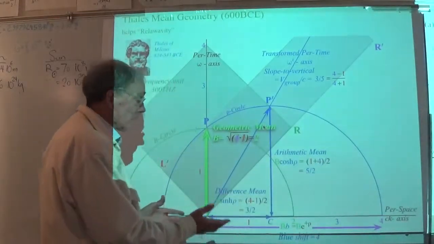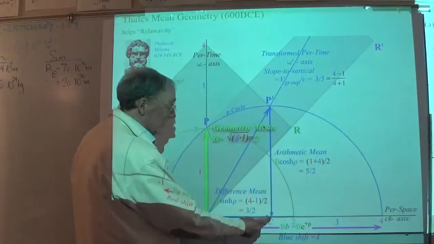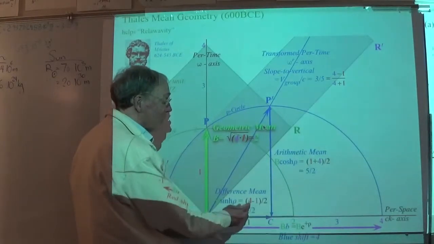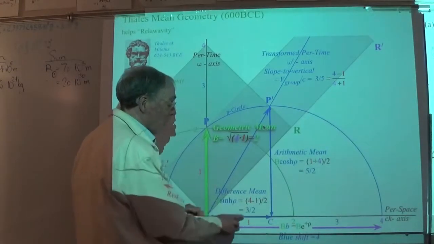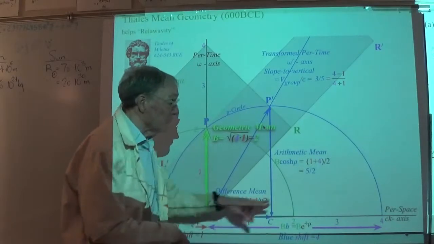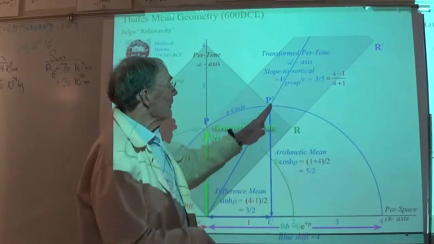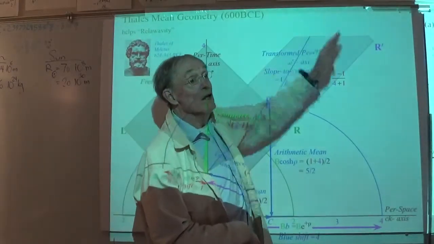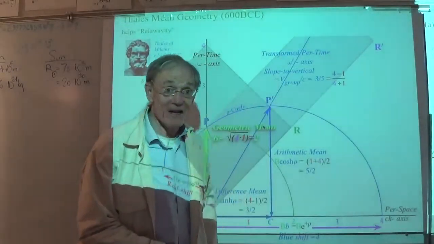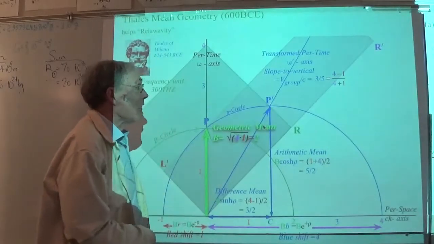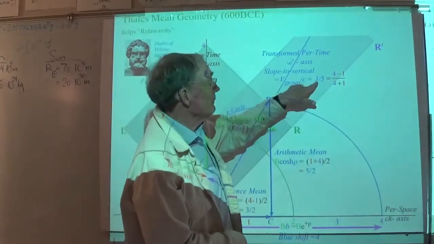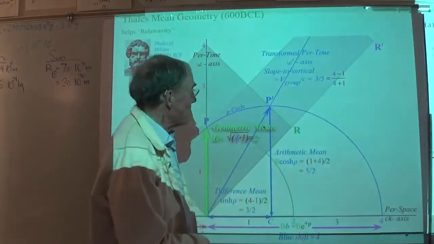And then I look where my center is, and that's the difference mean. That's 4 minus 1 over 2, or 3 halves. 3 to 5, remember that ratio? This is the velocity line, or the phase line, okay? That's your phase vector going off there with a slope of 3/5, okay?